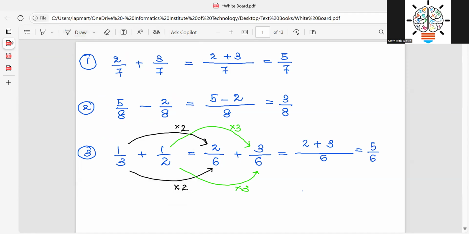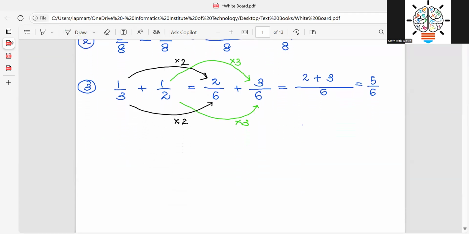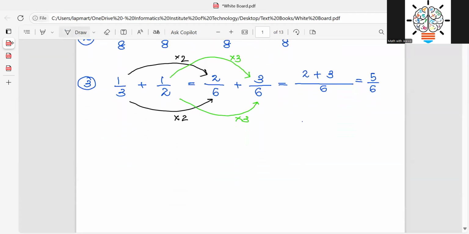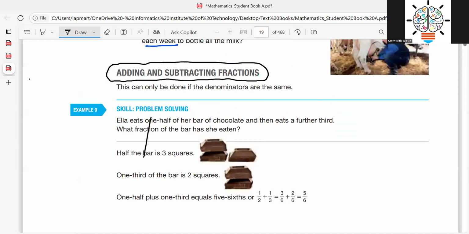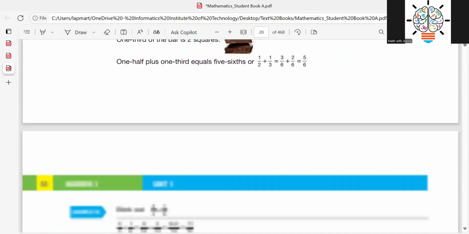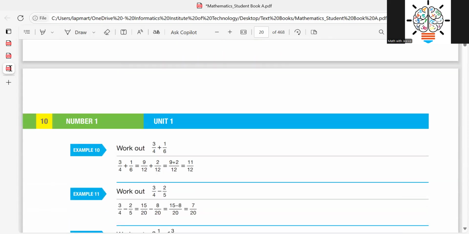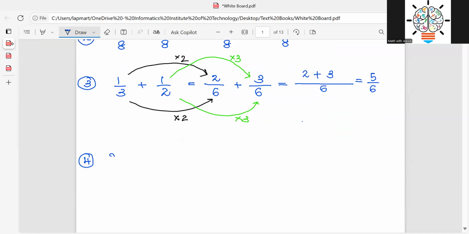Right? We use the same method when we have different denominators in subtraction. We'll take an example from the book itself, so it's easier for us. Let's say you have 3/4 subtract 2/5.